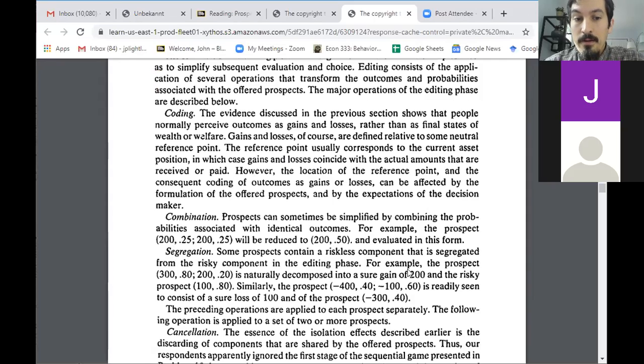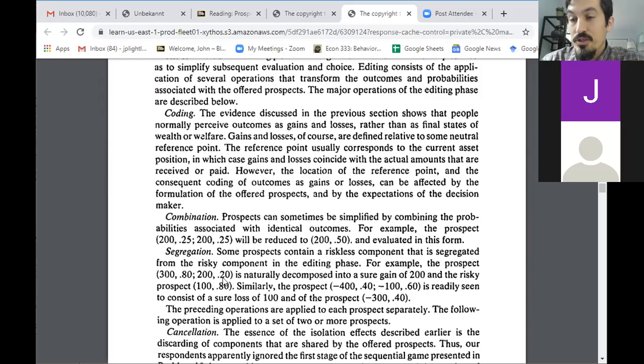In other words, if you have something like $300 with probability 0.8 and $200 with probability 0.2, there's some uncertainty there, isn't there? You might get 300, you might get 200. But actually, you could think of this as, well, I'm getting 200 for certain.